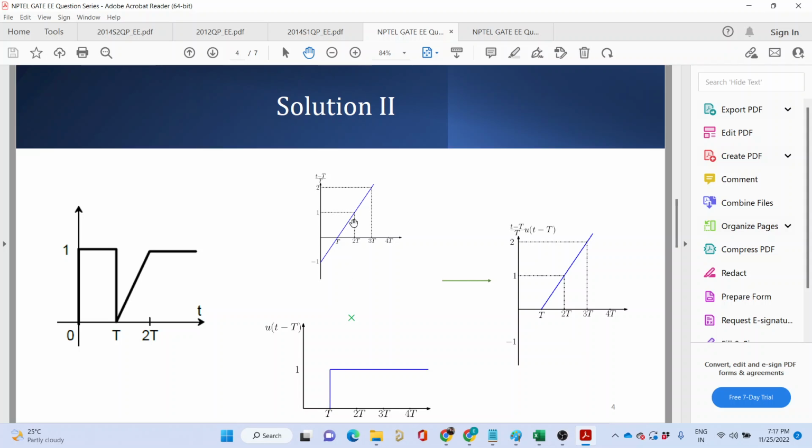If you multiply these two functions, what you are going to get is a linearly rising function, which is 0 from 0 to capital T, and from capital T to infinity it would be linearly rising with a slope 1 by T, correct?